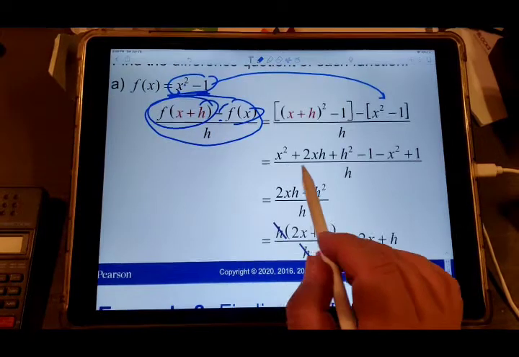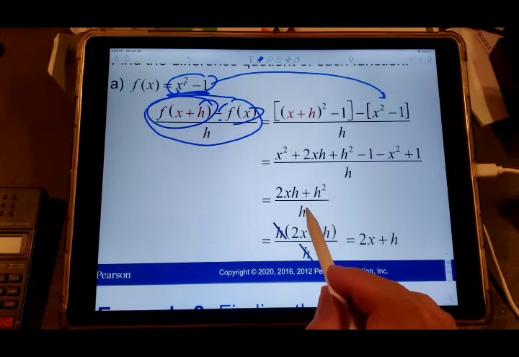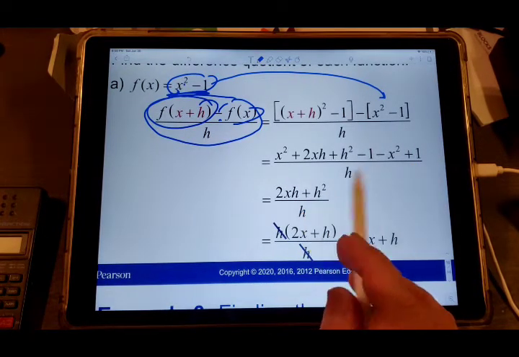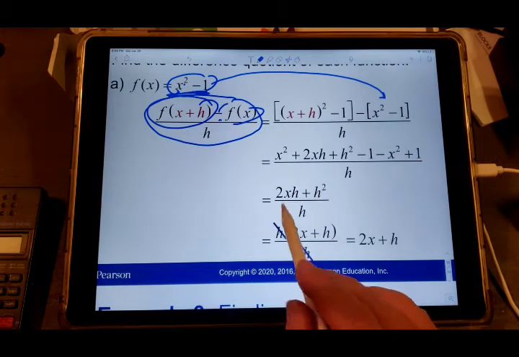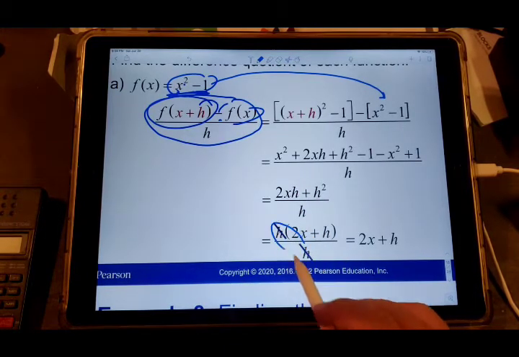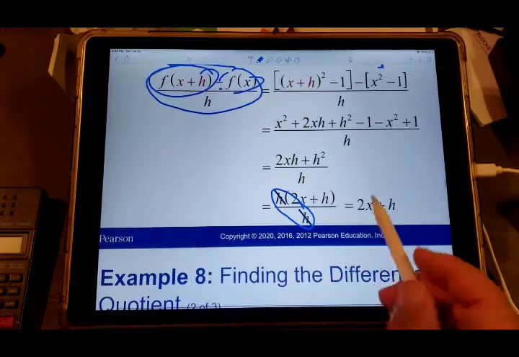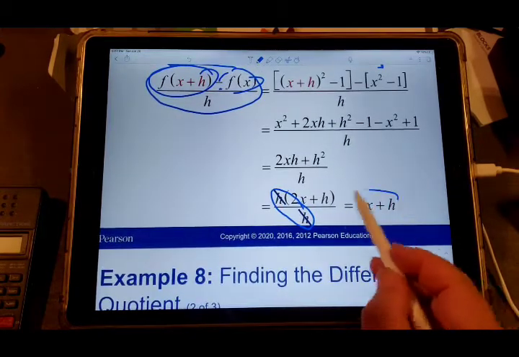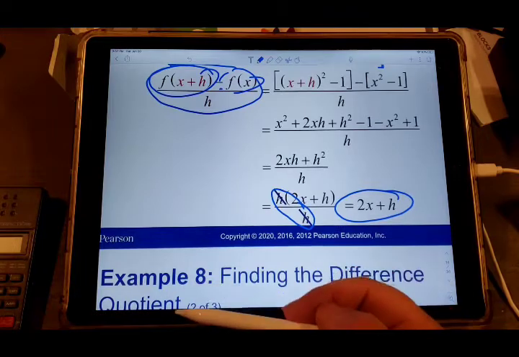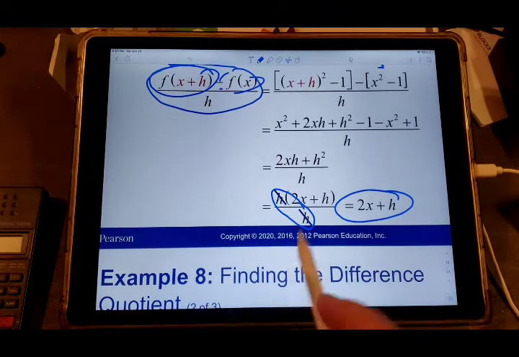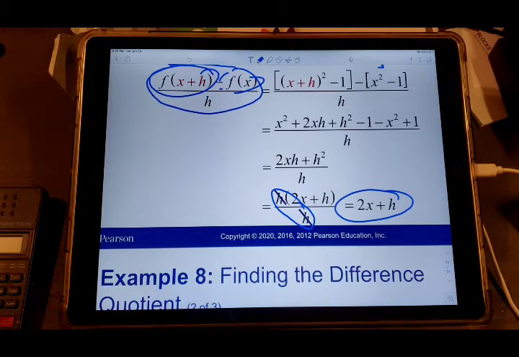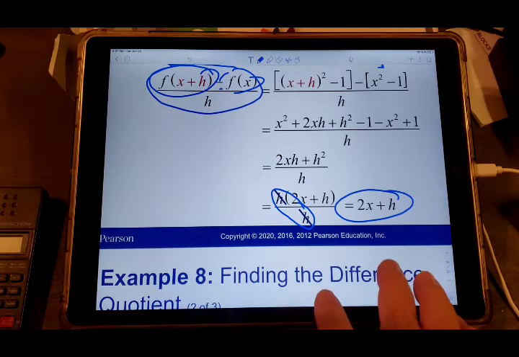Simplify, and this typically happens, can't say it always happens, but it typically happens where you can factor out the h and cancel the h, and it's no longer a fraction. Still has both letters in it, x and h, maybe, but the simplification process is sometimes the biggest part of this whole thing.